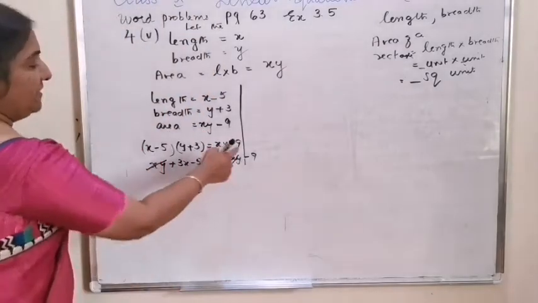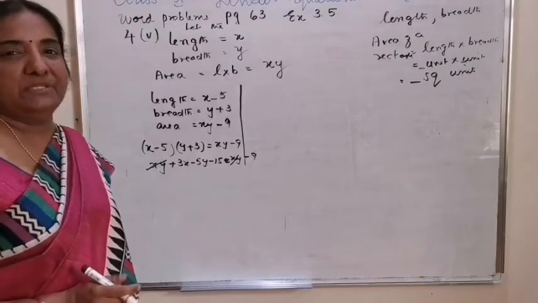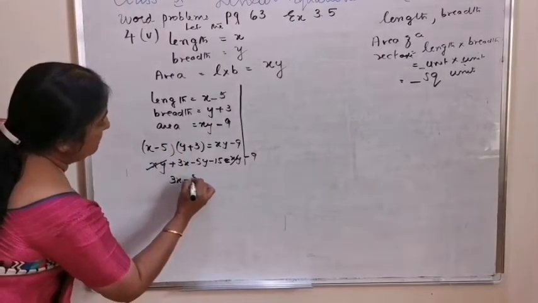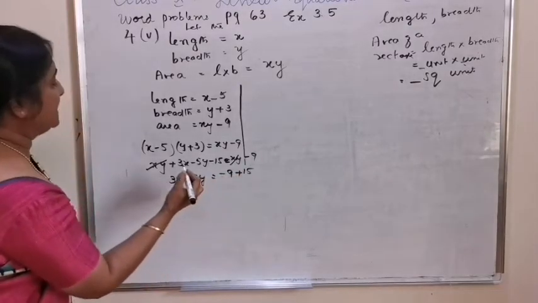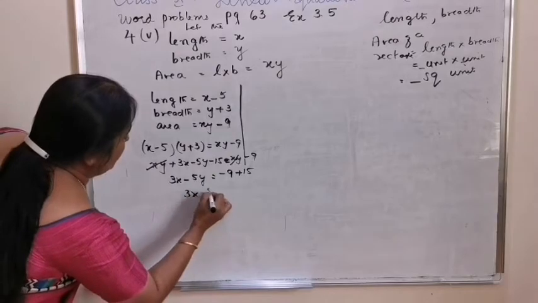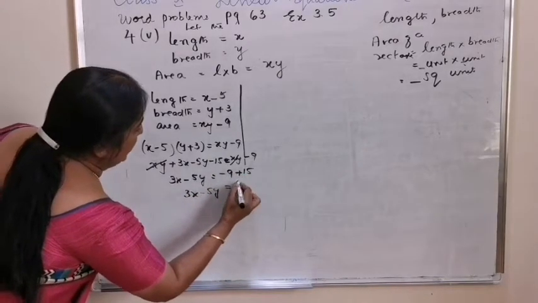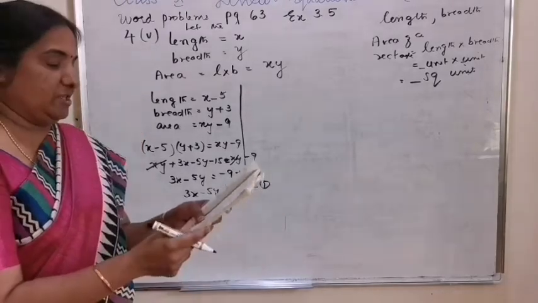That is why, even if the xy term is present, it gets simplified from both sides. So what is the first equation? 3x minus 5y is equal to minus 9 plus 15, or 3x minus 5y is equal to 15 minus 9, which is 6. The first equation.